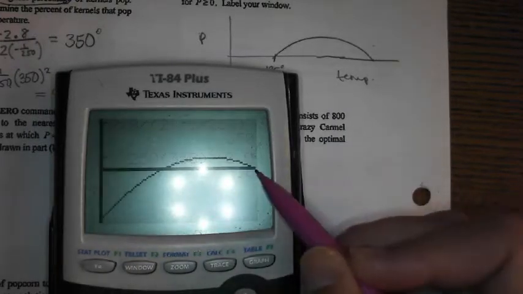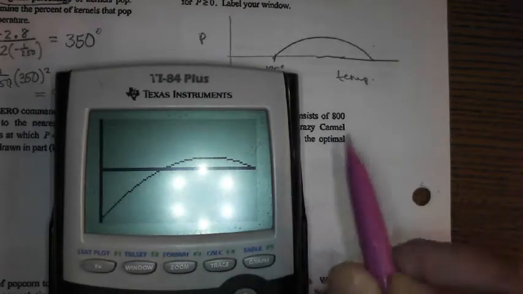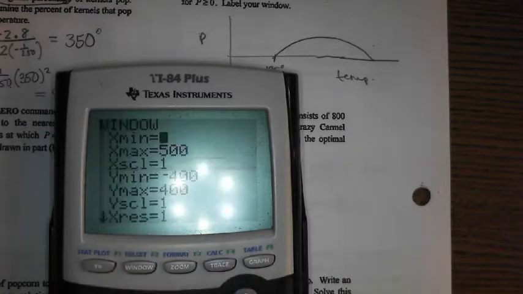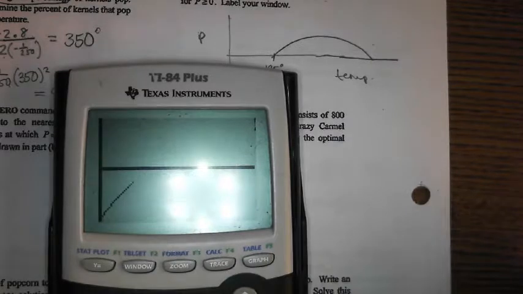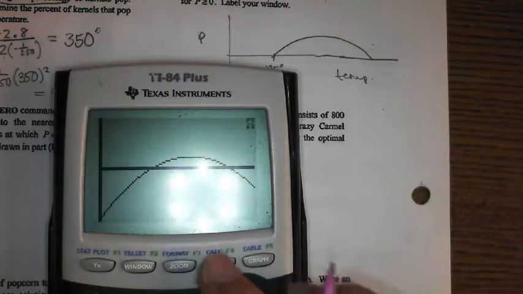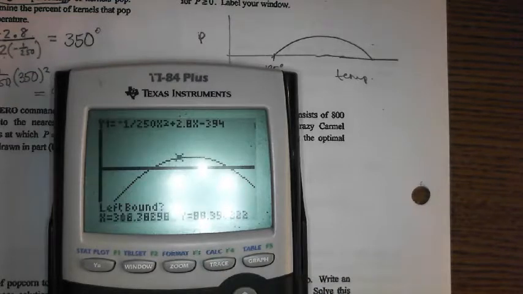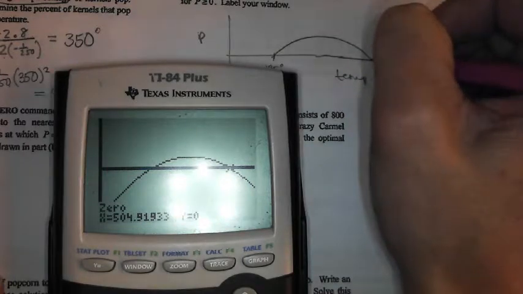So since that's not on my screen, I need to look a little further to the right. Now I'm going to change my window, and rather than going to 500, I'll go to 600. Then I'll get that zero. So left bound, enter, and then get to the right of that. Perfect. 504 degrees.